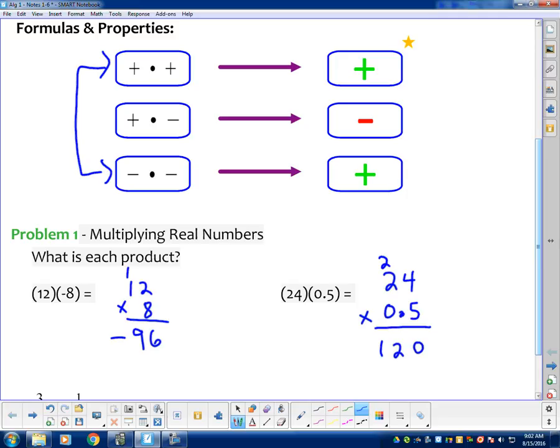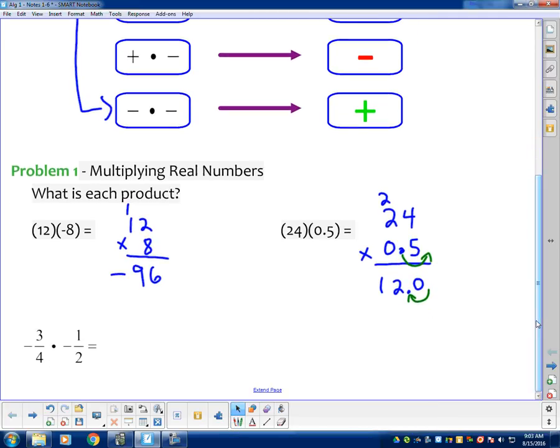The decimal had to be moved over one place to make that into an integer, and so we need to move the decimal back one place, giving me 12.0. The two signs are both positive. They are the same signs, and so we get a positive 12.0.